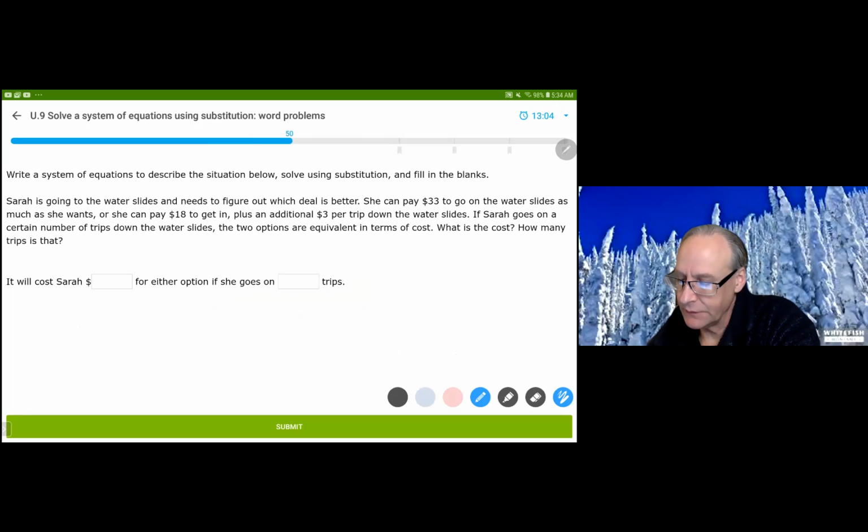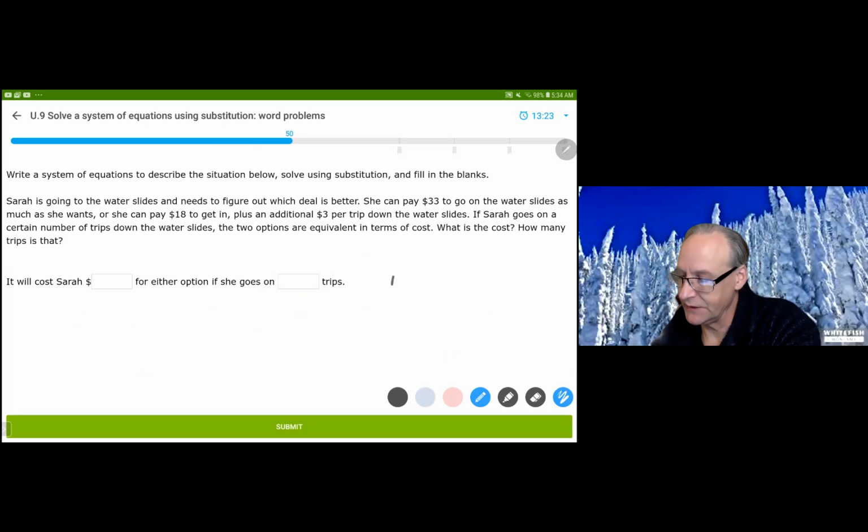Okay, so Sarah is going to the water slides and she needs to figure out which deal is better. She can pay $33 to go to the water slides as much as she wants, or she can pay $18 to get in and $3 for each trip. So 2 ways to go.